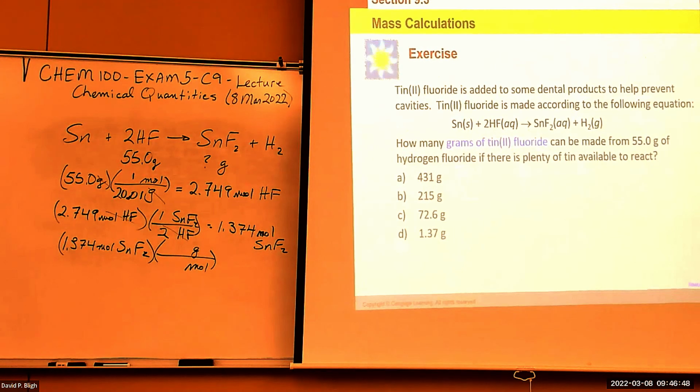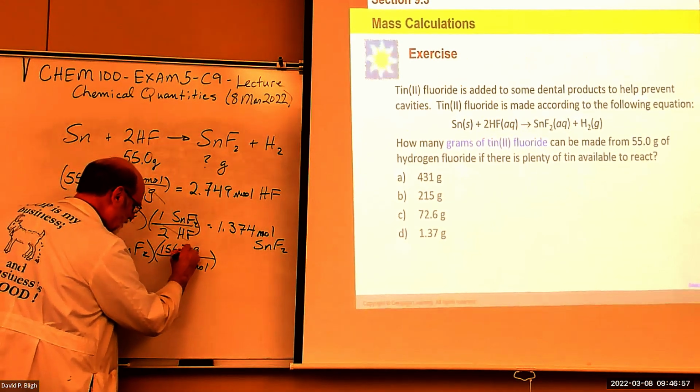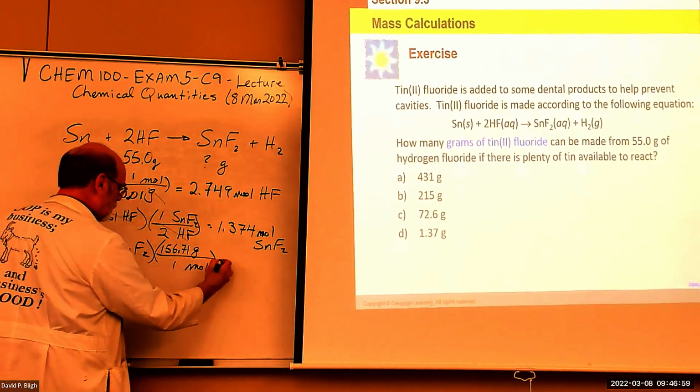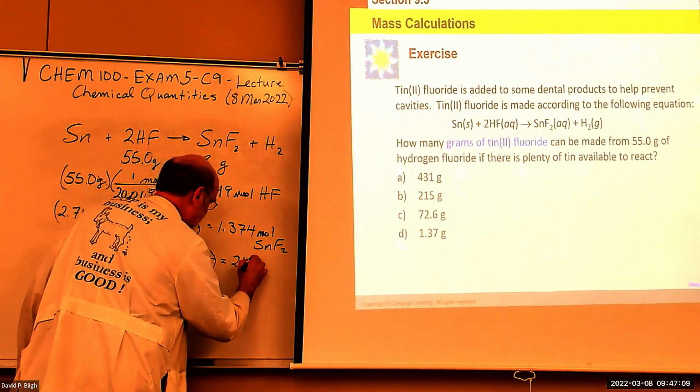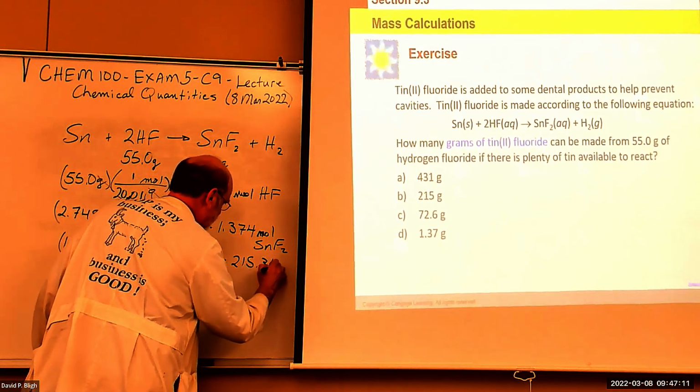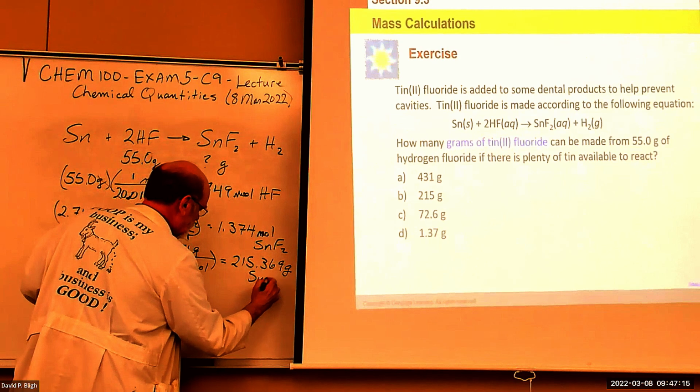That's 38. So that's 156.71. There we go. Multiply that number times 1.374. Now I get 215.369 grams of stannous fluoride.